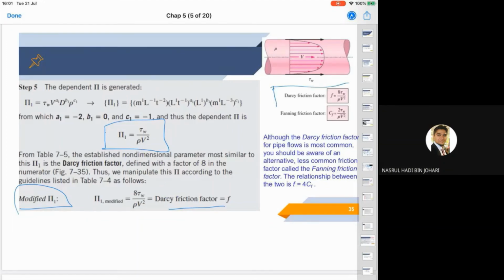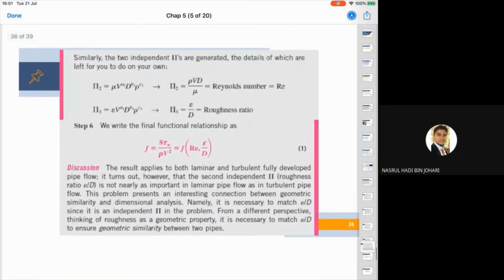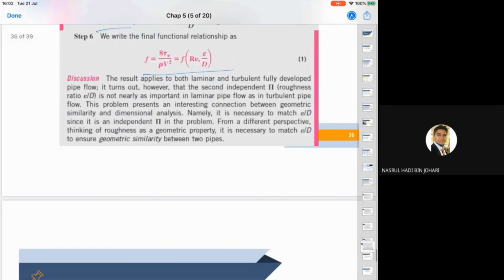We look at tau, or shear stress, over rho v power of 2. We just add the numeric one, which is 8, then it's equal to the Darcy friction factor. That's what we call modification. And then we do the analysis on pi 2 and pi 3, then we get the value 1. Okay, I think that's all.